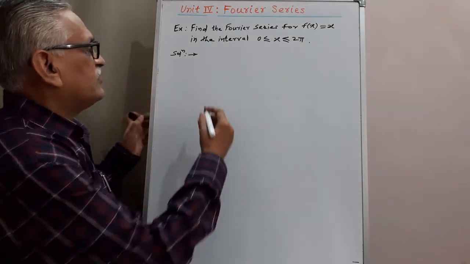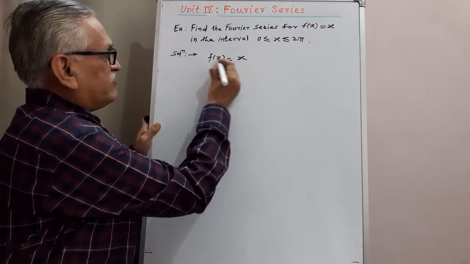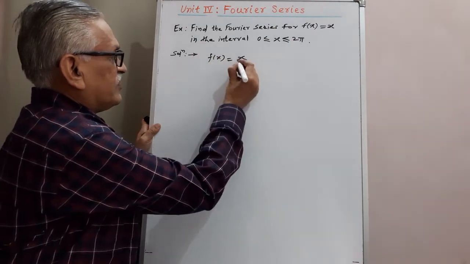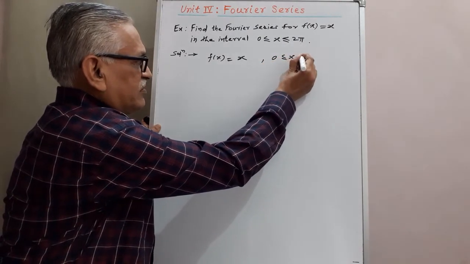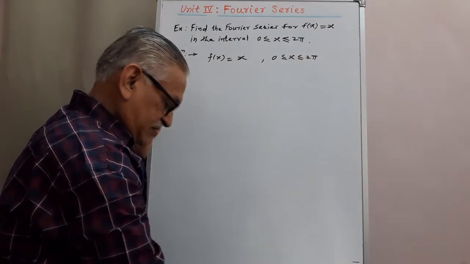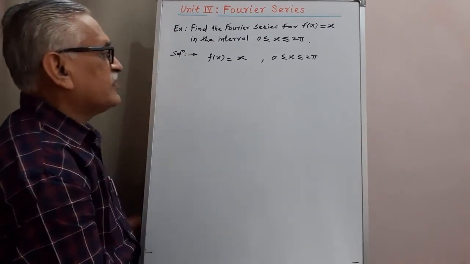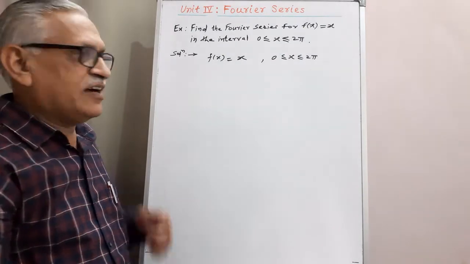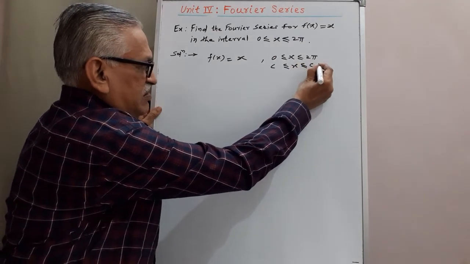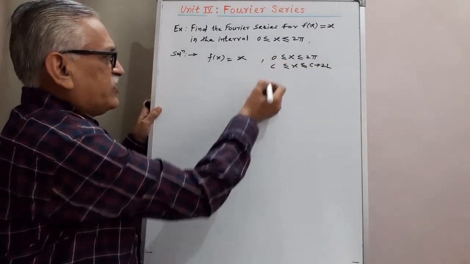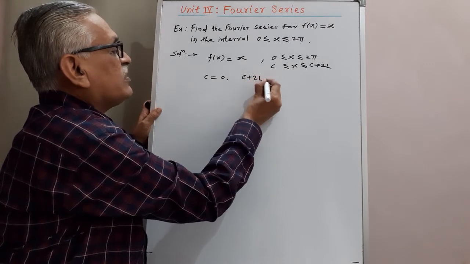Therefore, first step, given f of x equals x as the given function in the interval 0 less than or equal to x less than or equal to 2 pi, then comparing this interval with the full range interval c to c plus 2l, we get c equals 0 and the upper limit c plus 2l is 2 pi.